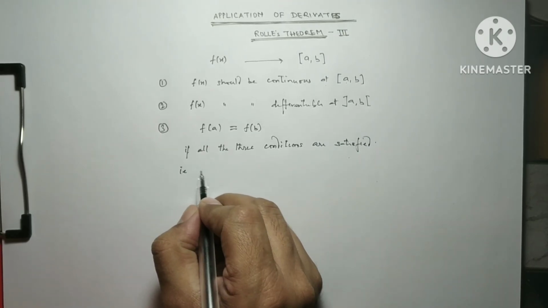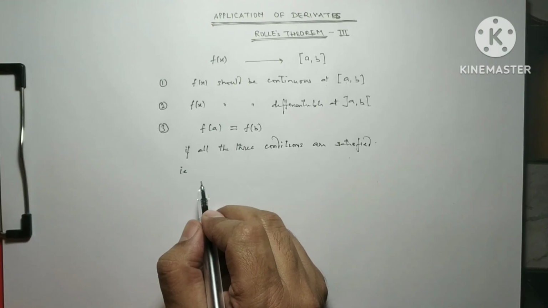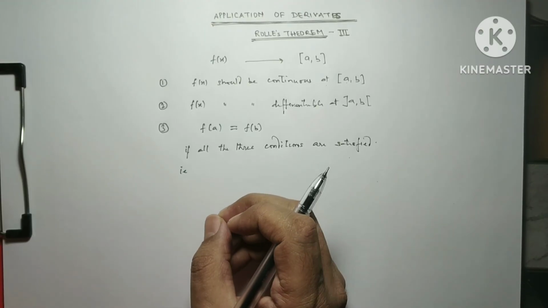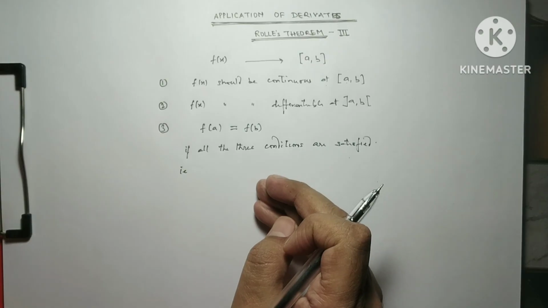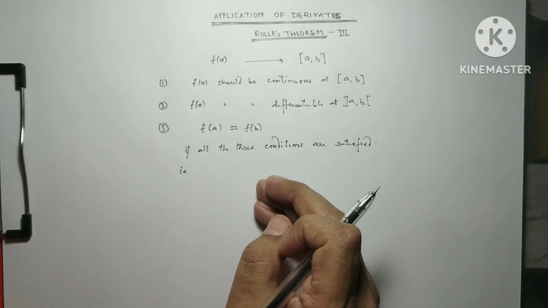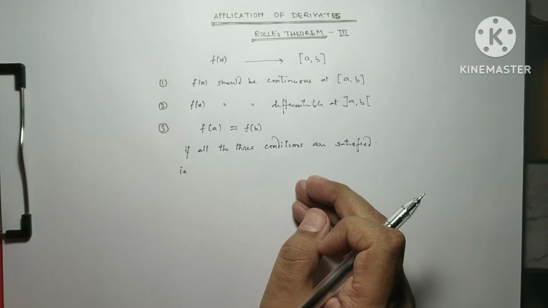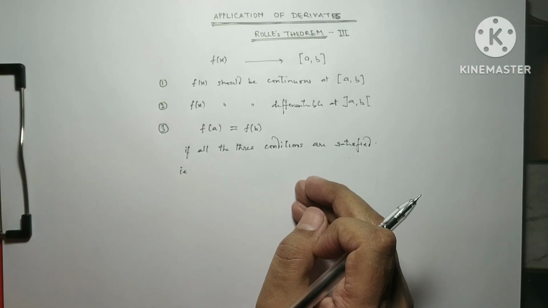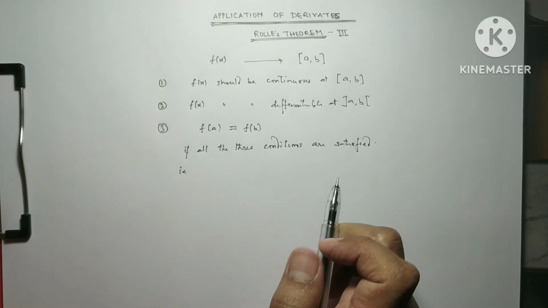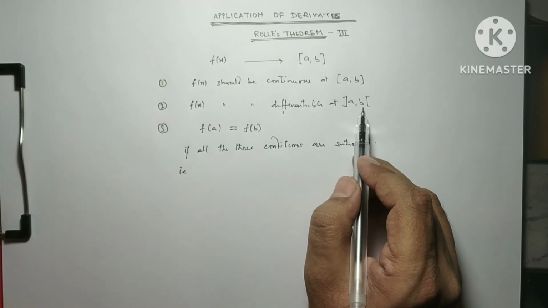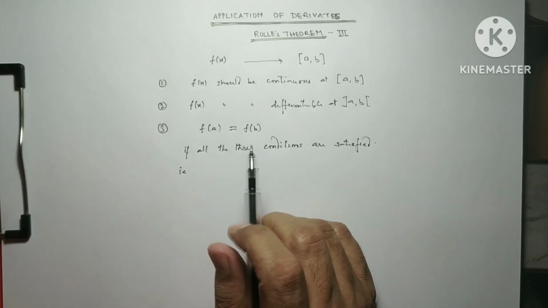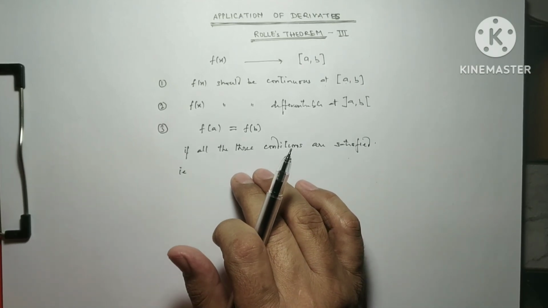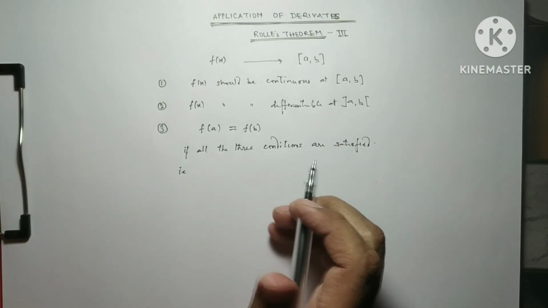It means there should be a value c, maybe fractional, irrational, integral, or decimal value, but it should lie between a and b, at which the first derivative should be equal to 0.